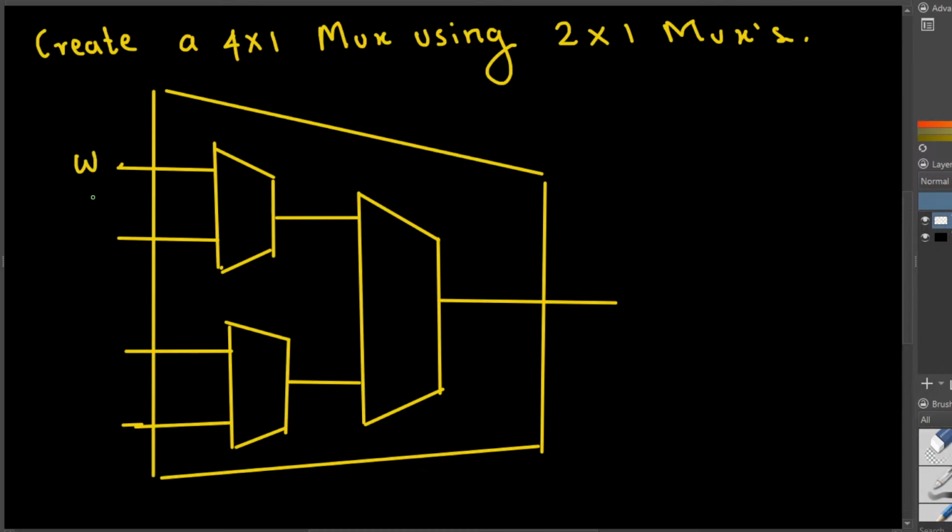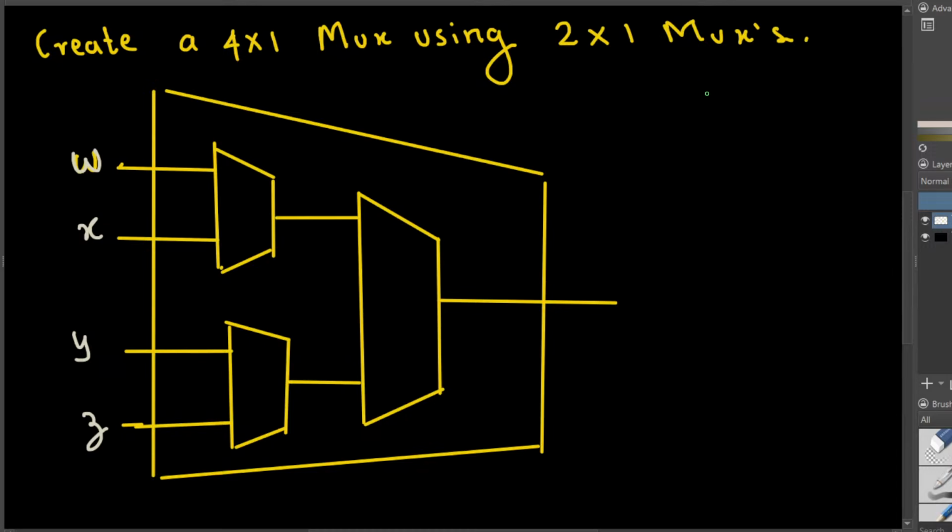So let's say the inputs are W, X, Y, Z. You can also say this is pin 0, pin 1, pin 2, pin 3. So if you have A, B, C, D, it's going to be pin 0, pin 1, pin 2, pin 3. It's going to be the same for different variables. The output is going to follow this truth table.